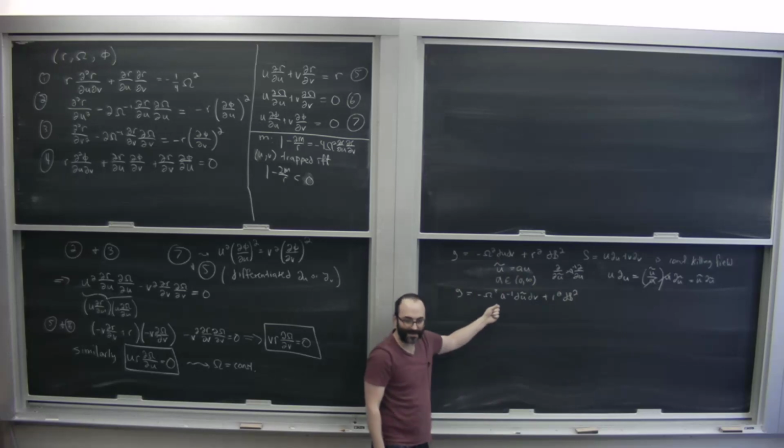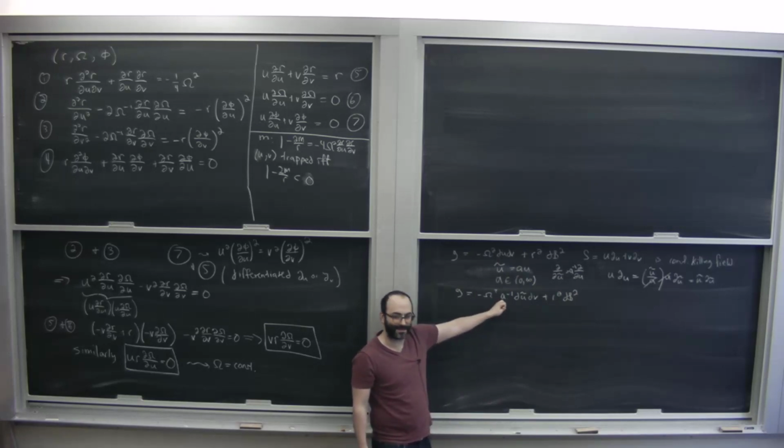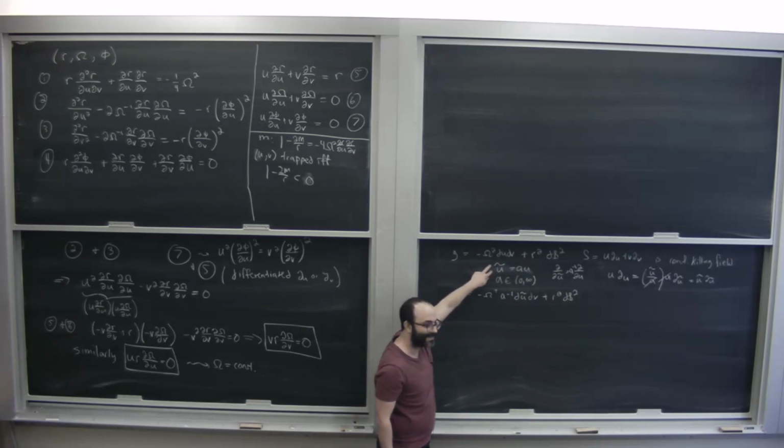So what you see is that I still have a self-similar solution in these coordinates, but I have the freedom to get this constant out here. So the upshot is if I can do such a rescaling, then I can make the lapse just be one. I can normalize it to be one.